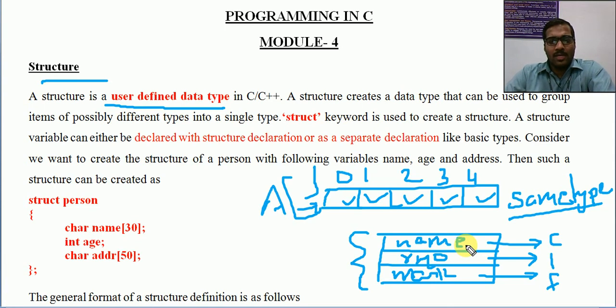If you write all these using individual variables, it will be a very complex program. If you use an array, we cannot use an array for different types of data. So in this situation, we develop a new data type that holds different types of data, and we can have multiple such records also.